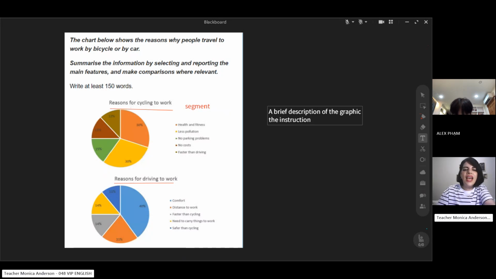Okay, and we have the graphic. What is this one? What is the graphic? If it's chart, if it's graph, if it's table. So the third one, the graphic. So each question consists of these 3 parts of sentence: 1, a brief description, after that the instruction and the form. What is a graphic? So it's something like, okay, here we have a pie chart.